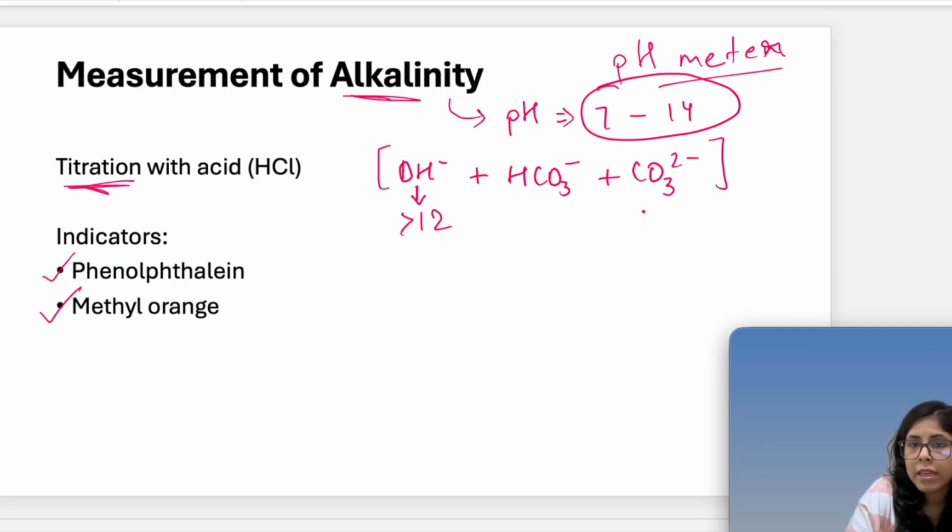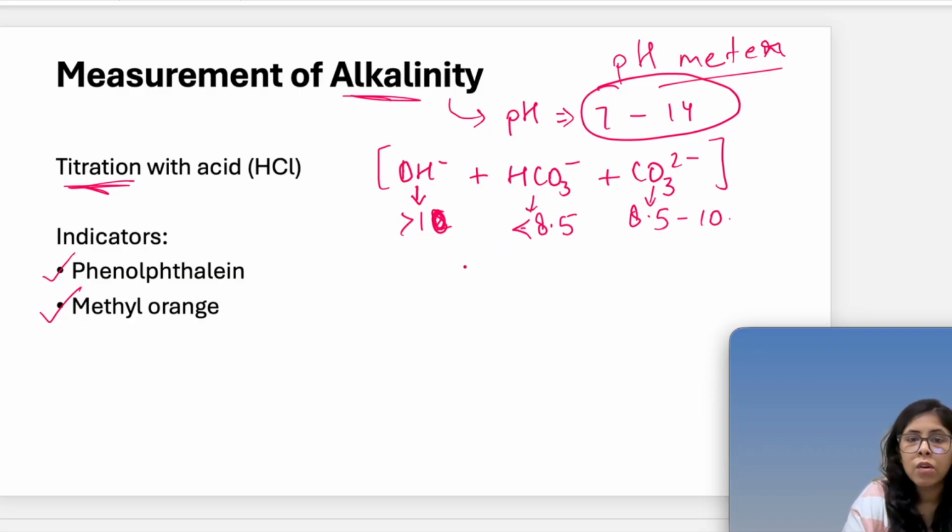Bicarbonate alkalinity is for around pH greater than 10, basically 10.5 or 10.3 something, and for the pH range of 8.5 to 10, it's carbonate alkalinity, and for pH lesser than 8.5 or 8, we have bicarbonate alkalinity.